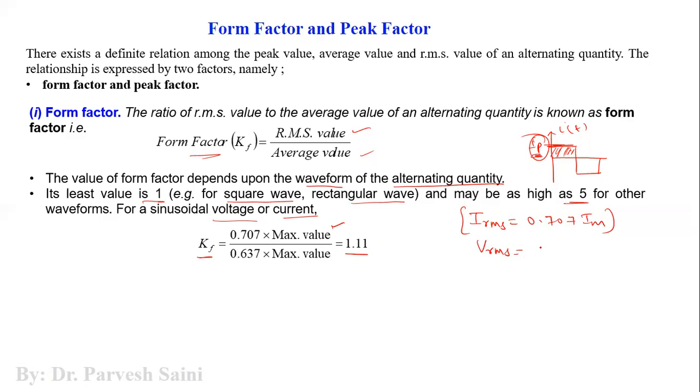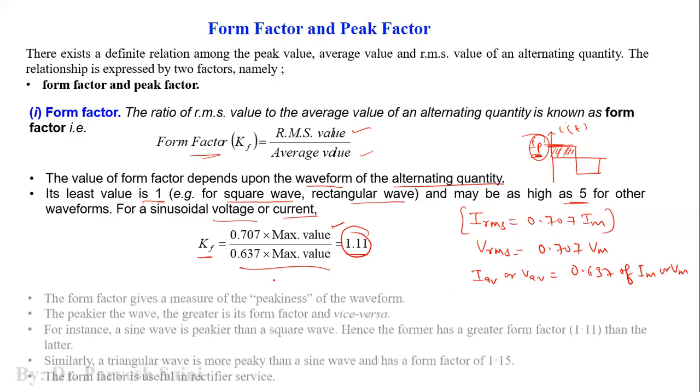The VRMS is equal to 0.707 of the peak value of the voltage, and the average value of current, or V average, is equal to 0.637 times of the peak value of the current or peak value of the voltage. So by putting these values here, we have form factor equal to 1.11.